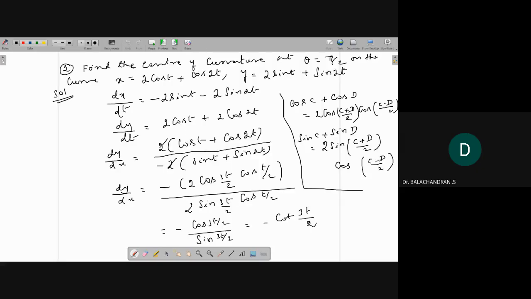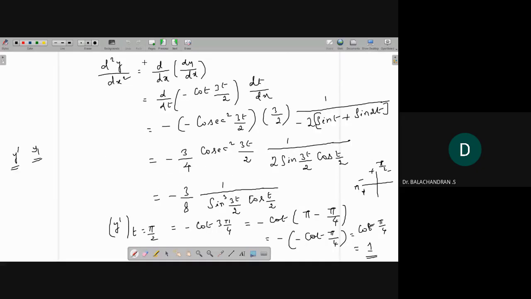Next you need to find the second derivative, d square y by dx square, equal to d by dx of dy by dx. You can rewrite this as d by dt of dy by dx, which is minus cot 3t by 2, into dt by dx. If you differentiate cot 3t by 2, you'll get minus cosecant square 3t by 2 into 3 by 2.